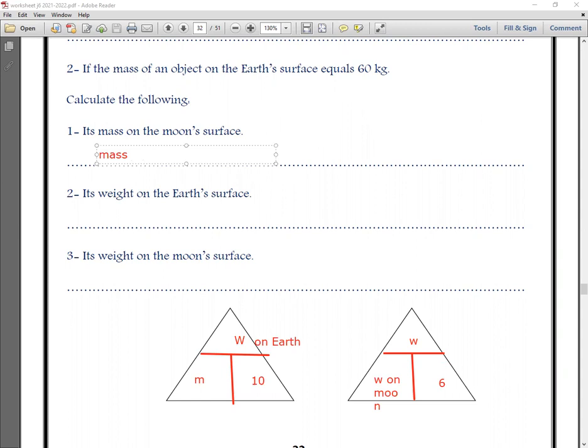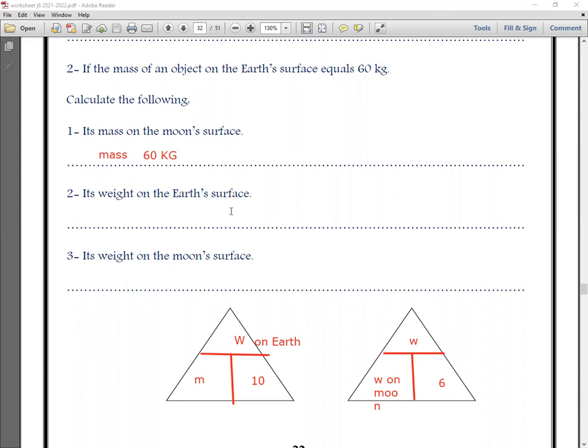So the mass equals 60 kilograms, because the mass doesn't change by changing the place.